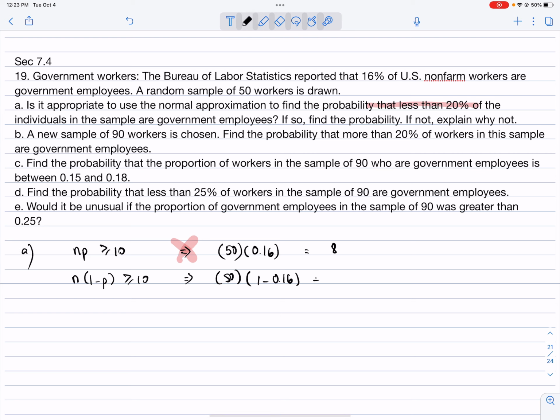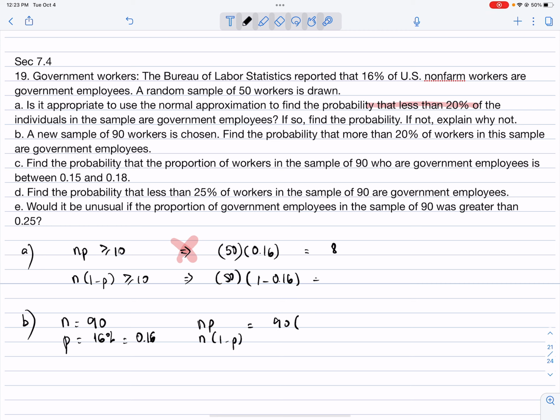Okay. So for part B, the sample is 90 workers. So n is 90. The probability has not changed, it is 16%, which is 0.16. Now let's double check np and n times 1 minus p.